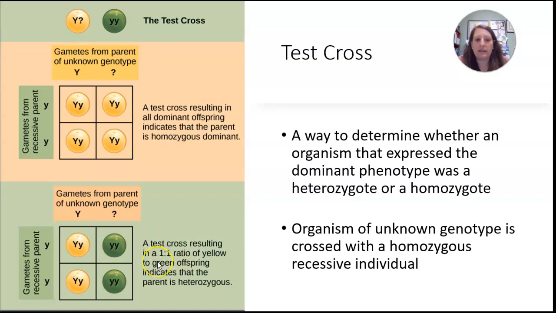In the case of a monohybrid cross, the way to get a 1-to-1 ratio would have to be a heterozygote being crossed with a homozygous recessive.